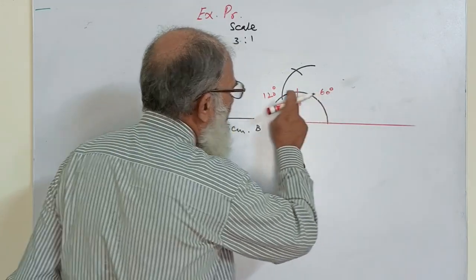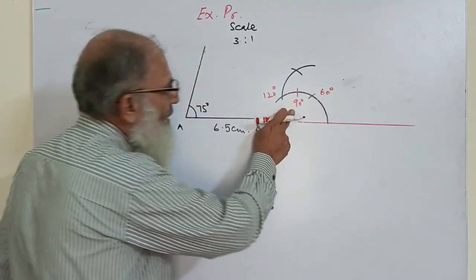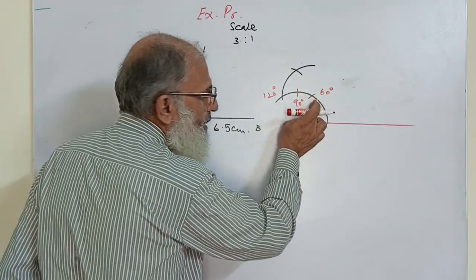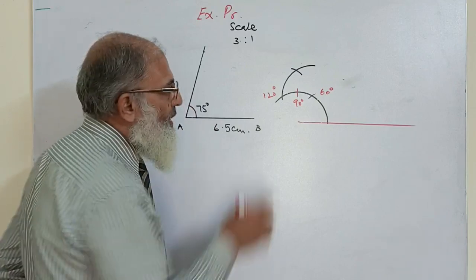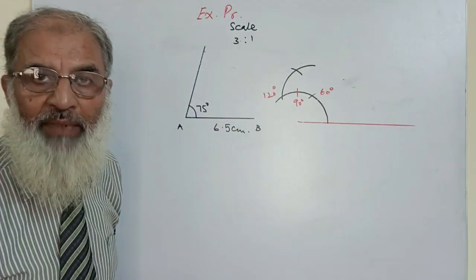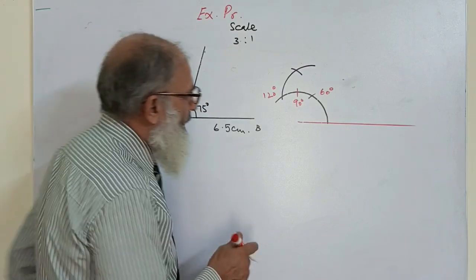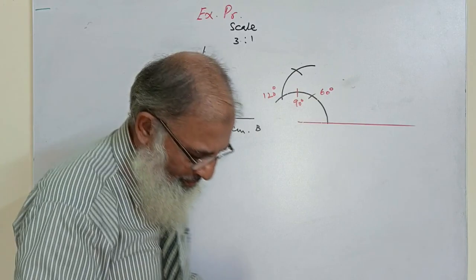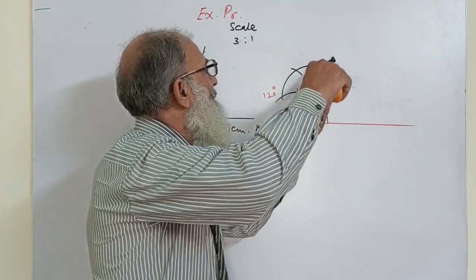Now if you bisect this angle between 60 and 90 degree, you will get the angle of 75 degree, because how many degrees are there between 90 and 60? 30 degrees. And if you bisect them, you will get 15 degree on one side. Now bisect this angle from 60 to 90.